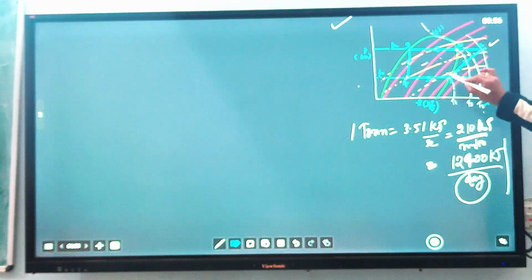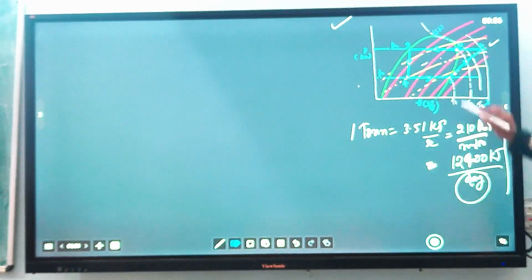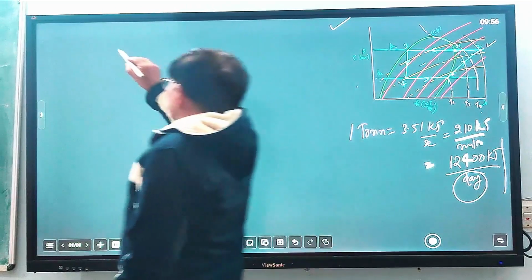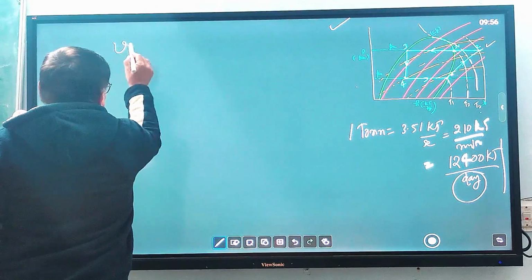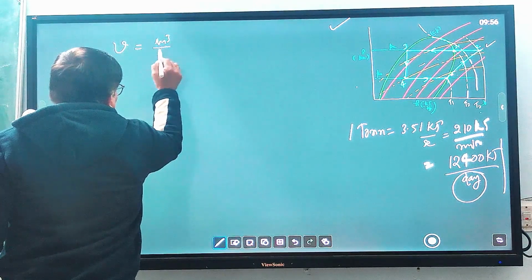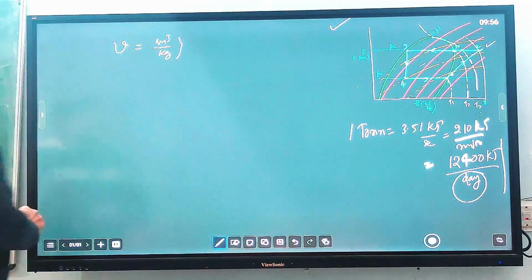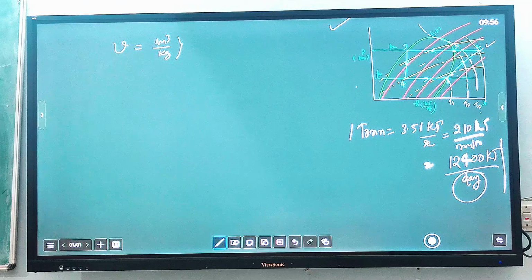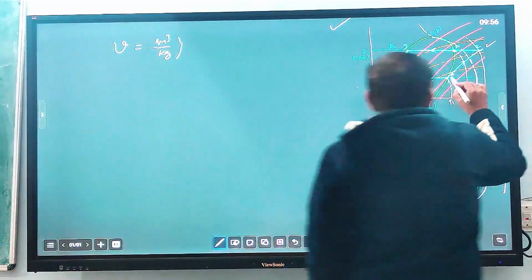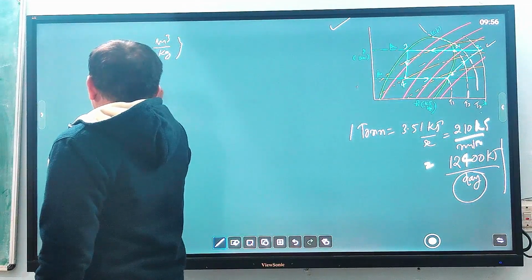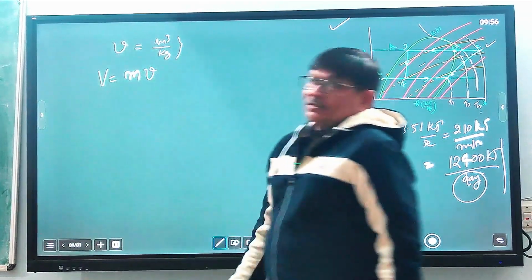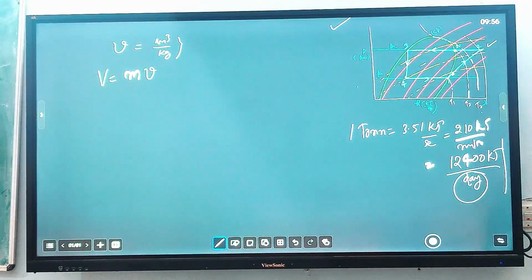So mass flow rate and specific volume are known; the specific volume is given in meter cube per kg. So what will be the actual volume that will enter inside the compressor at this point? V equals m into specific volume. From this equation you can find the actual volume that the compressor has to handle.